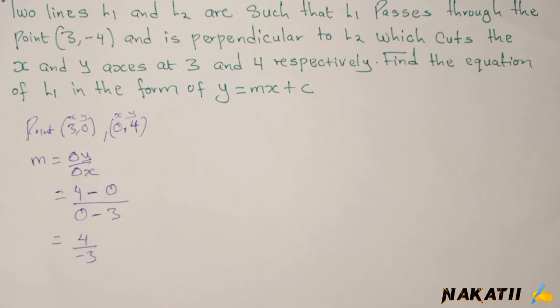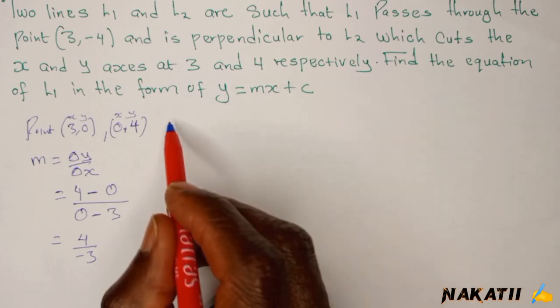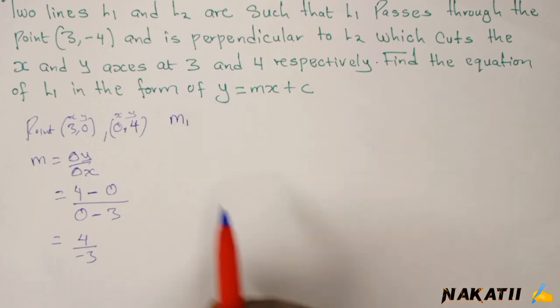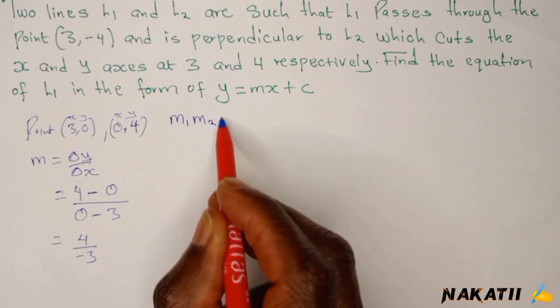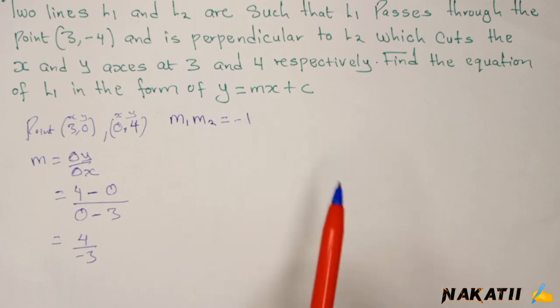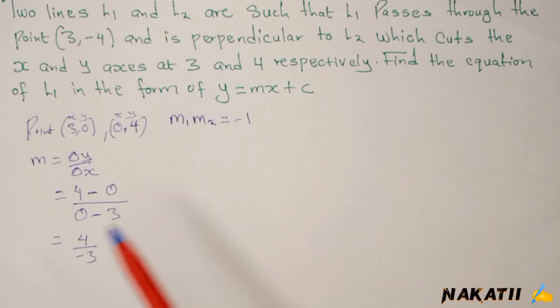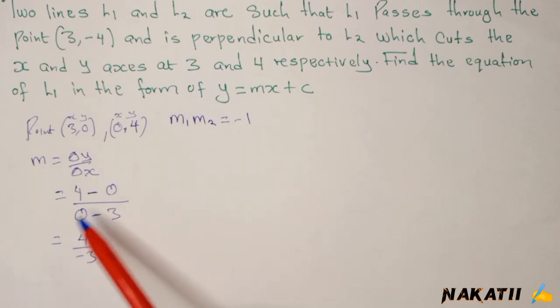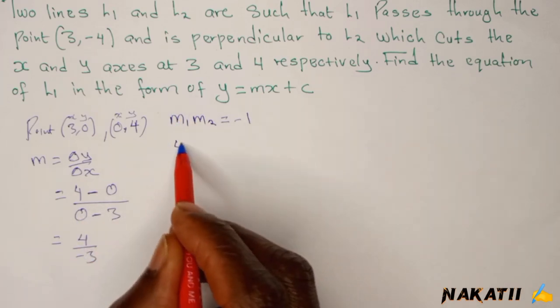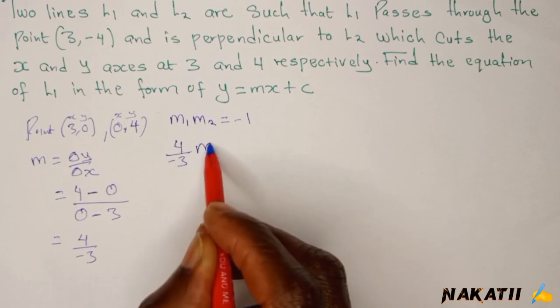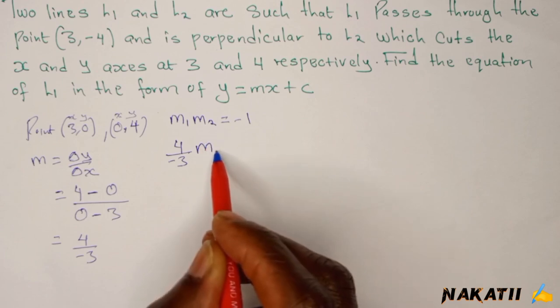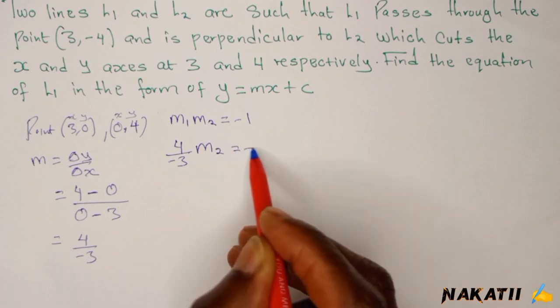Now we need to find the gradient of L1. So we said that if you take the gradient M1 and multiply by the gradient M2, we are supposed to get -1. So let us assume M1 is the gradient of L2 that we have found. So if you take 4 over -3, we multiply by M2, it should give us -1.